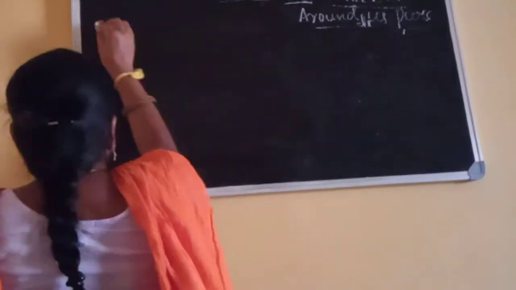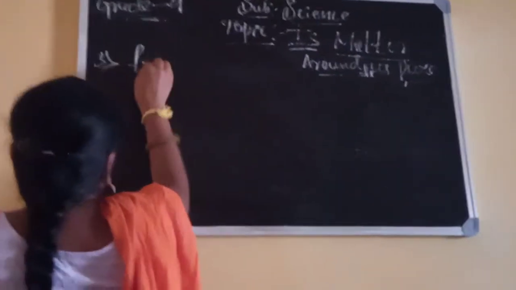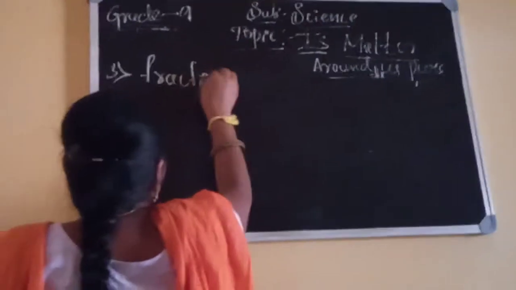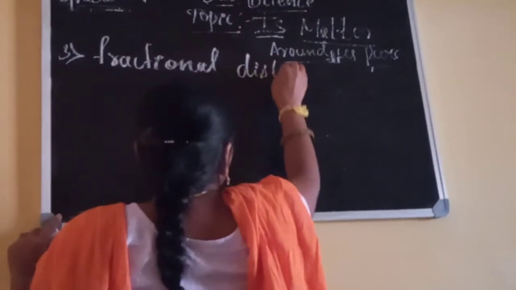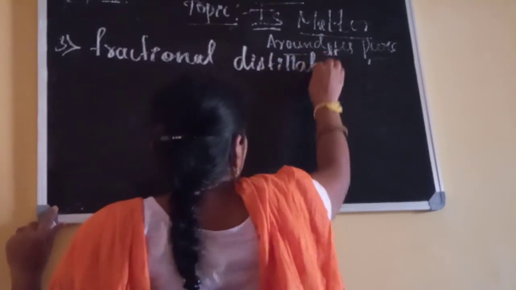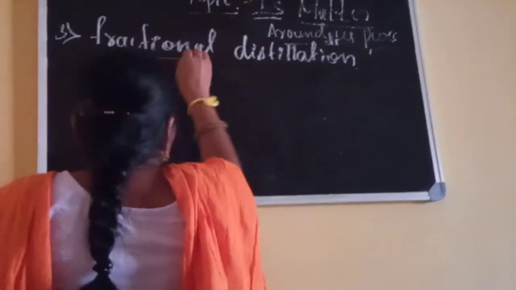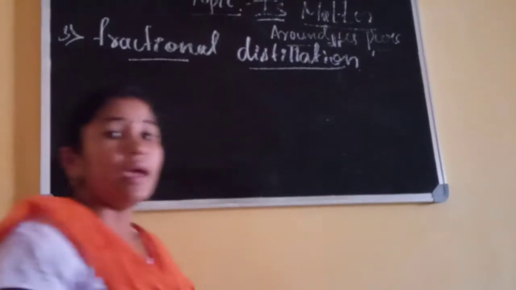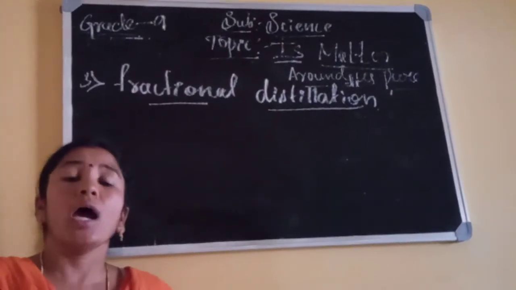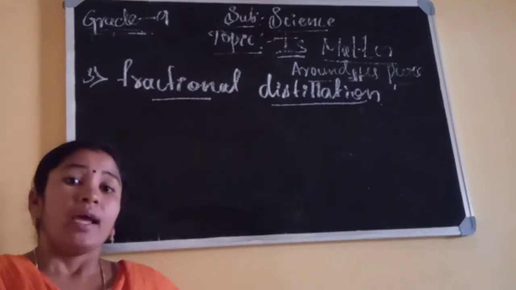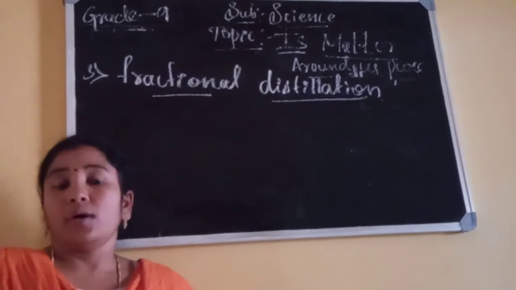Fractional distillation. Fractional distillation method: air is a homogeneous mixture. How can we separate oxygen or carbon dioxide from that mixture?